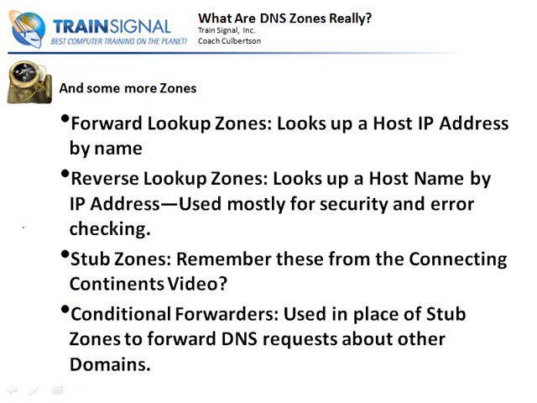And a conditional forwarder is basically used in place of a stub zone in order to forward DNS requests about other domains. So if we used a conditional forwarder instead of a stub zone, basically any DNS requests about Verde Petra, let's say that, again, going back to our little picture, the little yellow hat man, remember that one?